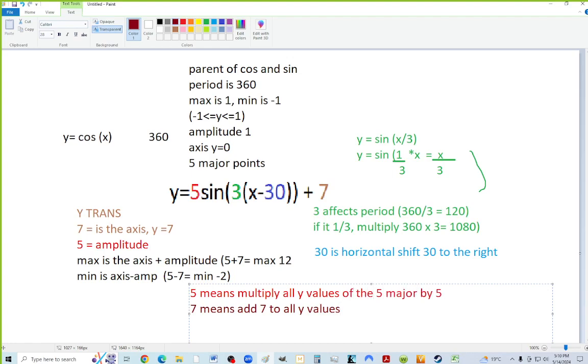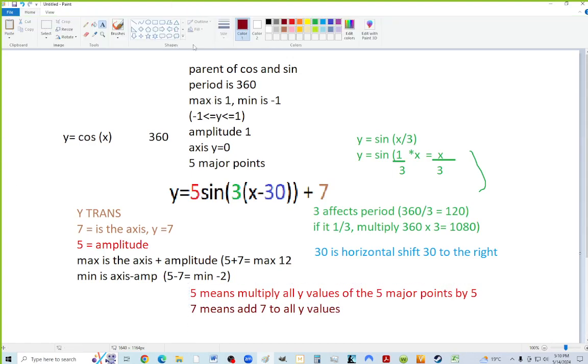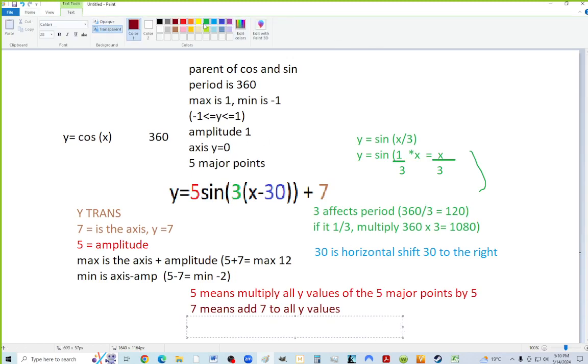Y values are not the 90, 180, 270. Those are the x values. Y values are the 0, 1, 0, minus 1, 0. Right? Okay, and then green 3, as you said, divide 3 in front of x, means divide all your x values by 3, not multiply.